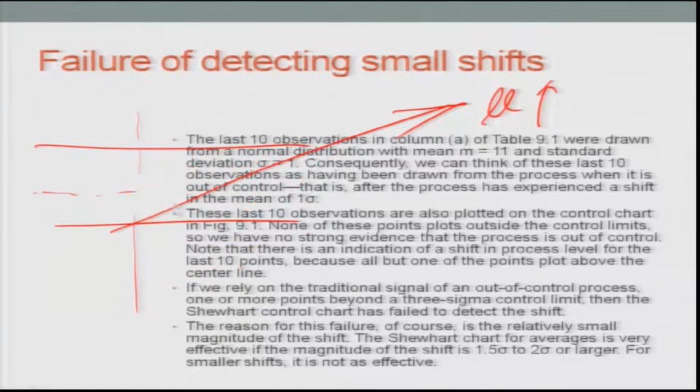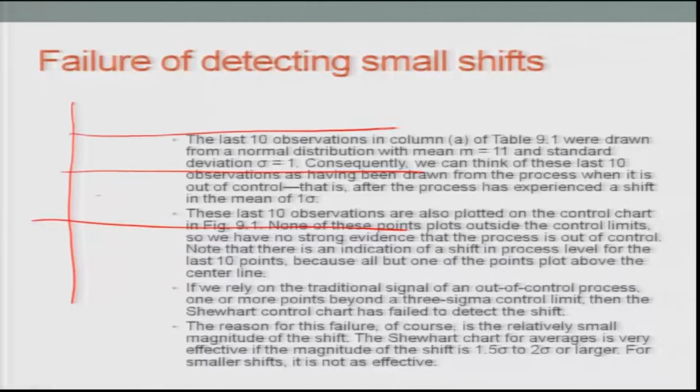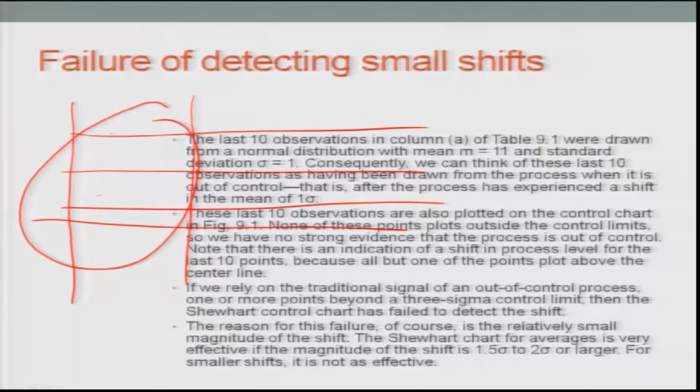Let me erase it. So, this is the x axis, this is the central line, the upper control and lower control, and this is the set of points which you initially had, under control. Now, if the set of points behave like this, it means this is a downward trend.